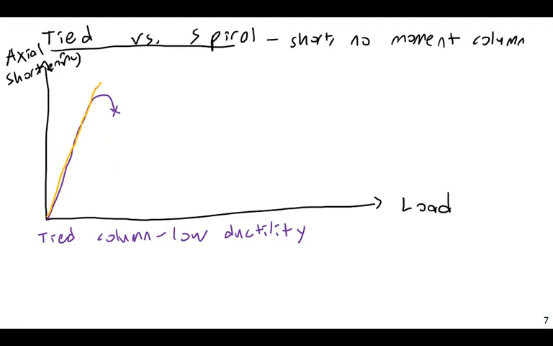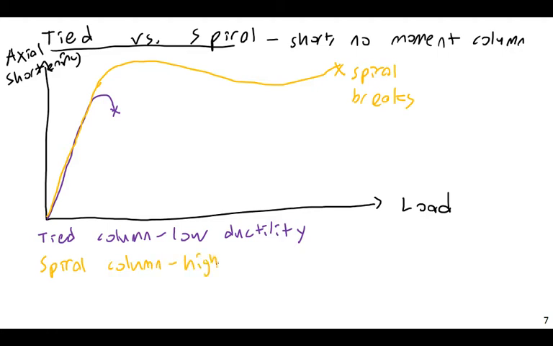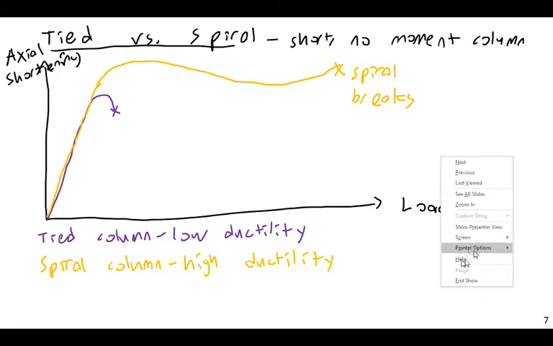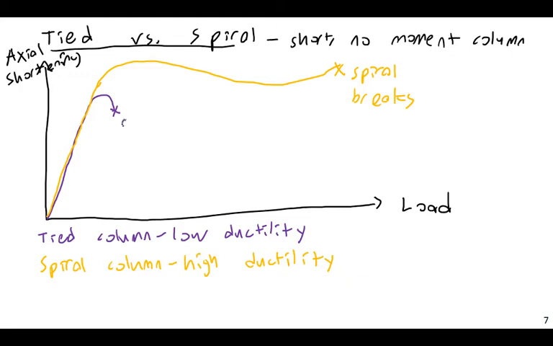So in comparison, they're going to be something more like this. This is where the spiral breaks, and this is a spiral column. So spiral columns, again, high ductility. And this would be where the shell spalls.